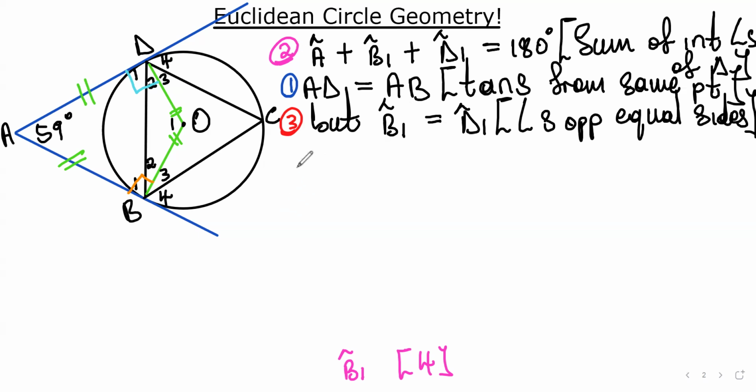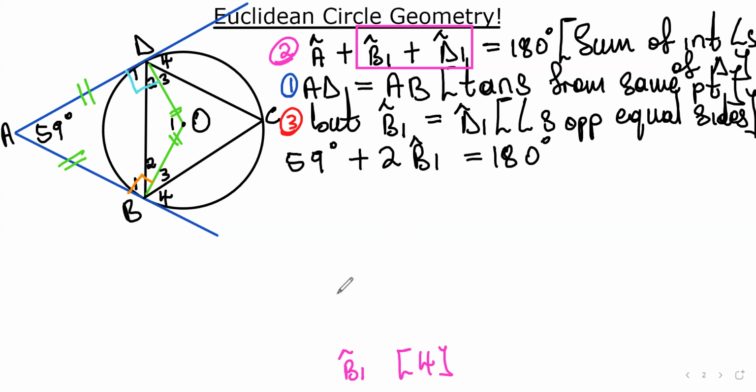In other words, where you see angle A, you put 59 degrees, but where you see B1 plus D1, knowing that they are equal to each other, it's like you're having B1 plus B1, which is twice as much angle B1. That's what you can say. Then you can say this is set equal to 180 degrees.